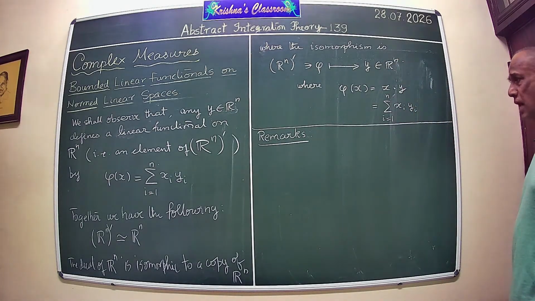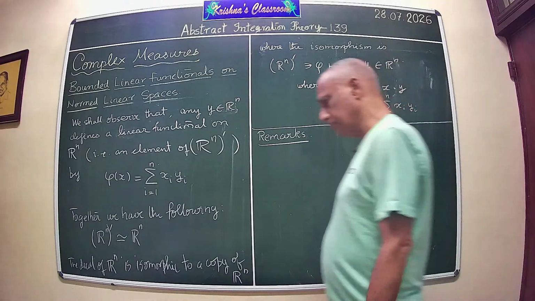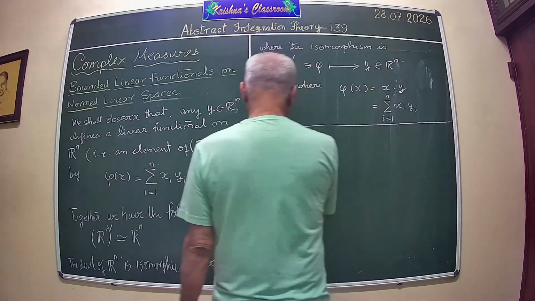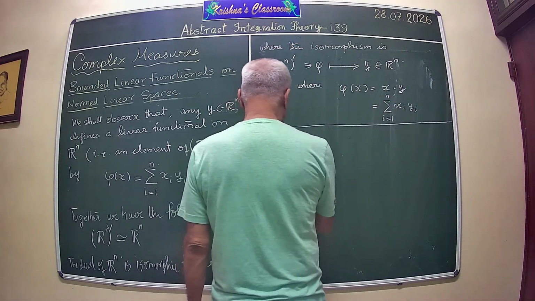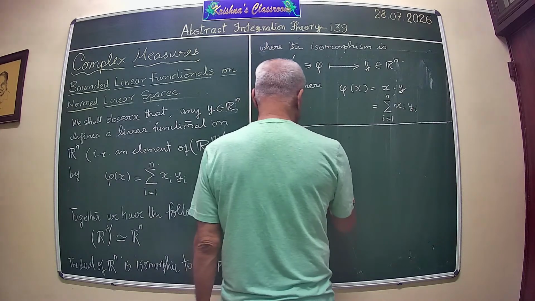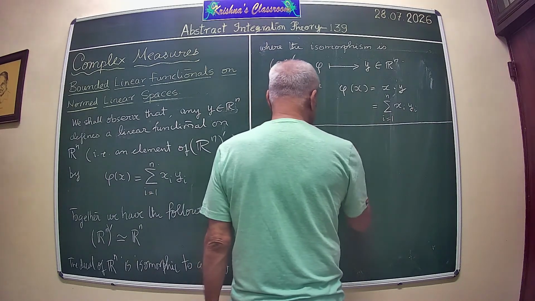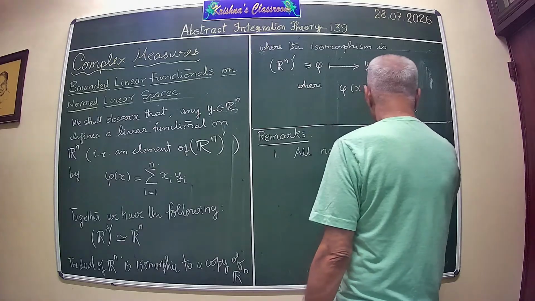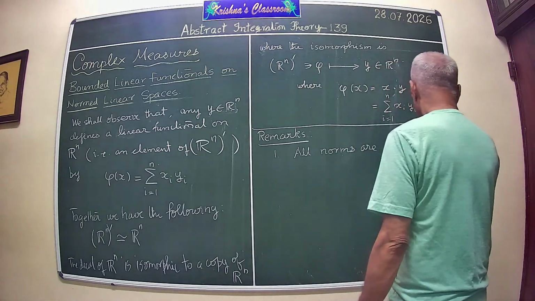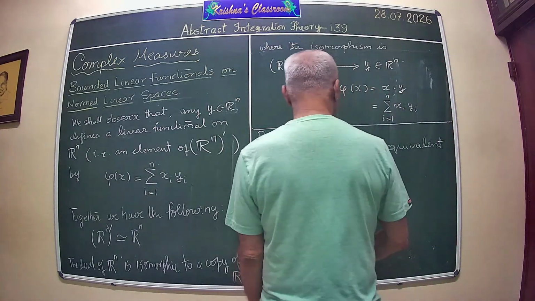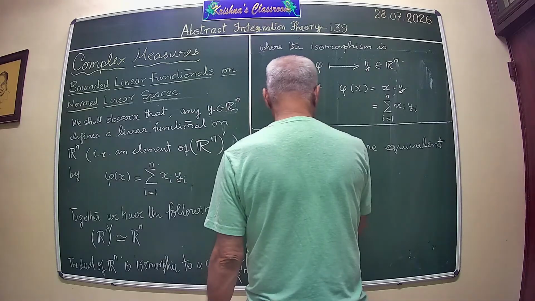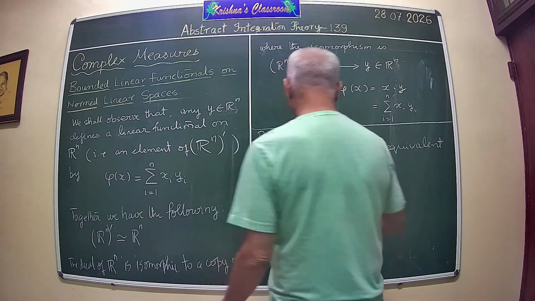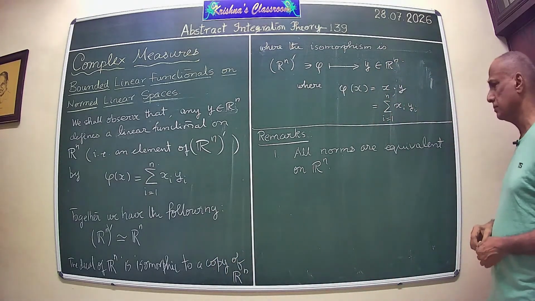So, suppose Rn is with some norm. Now, one observation that I make is all norms are equivalent on Rn, for that matter, any finite dimensional vector space.